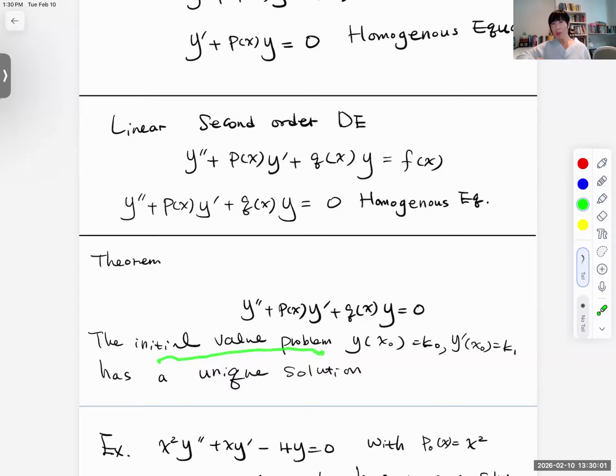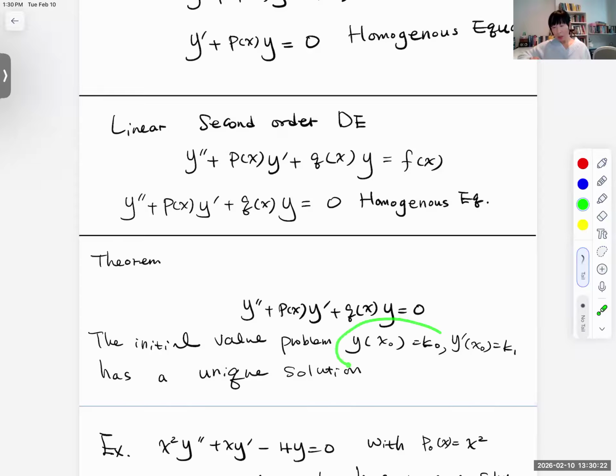Normally we have only one initial value in a linear first order differential equation, right? But since we have a linear second order differential equation, we have two different initial values.